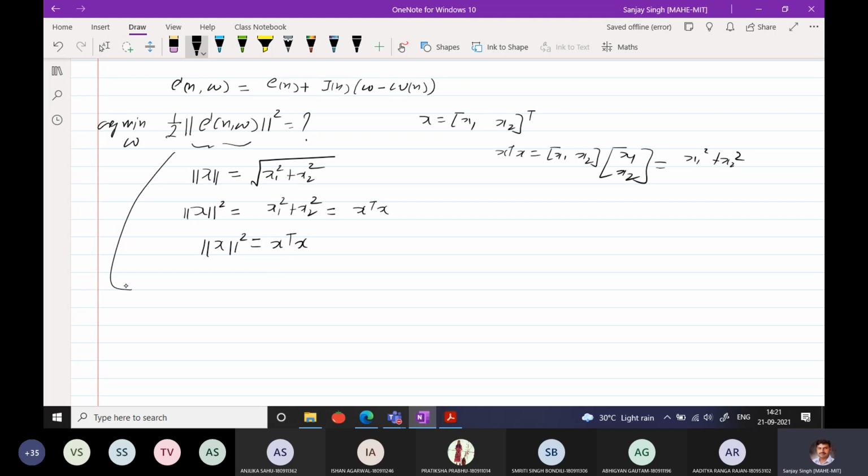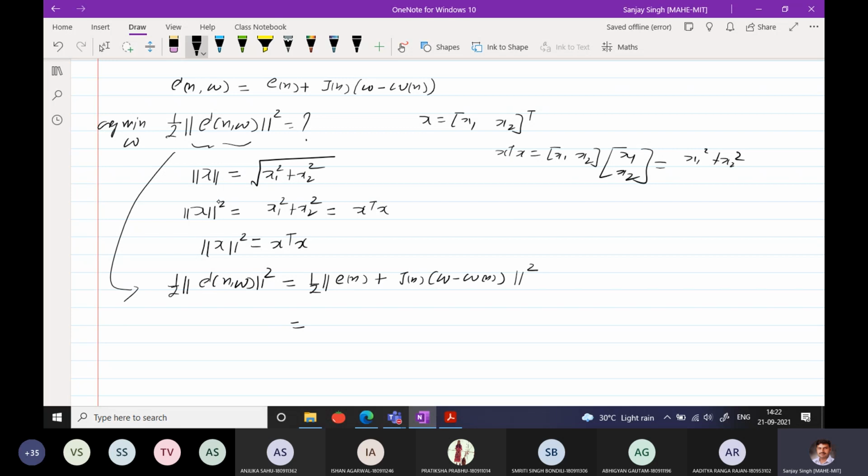So now let me come to this. It is written as 1 by 2 times the norm square of E prime of W, which I can write comfortably as, instead of that, En plus J of n (W minus Wn), squared.